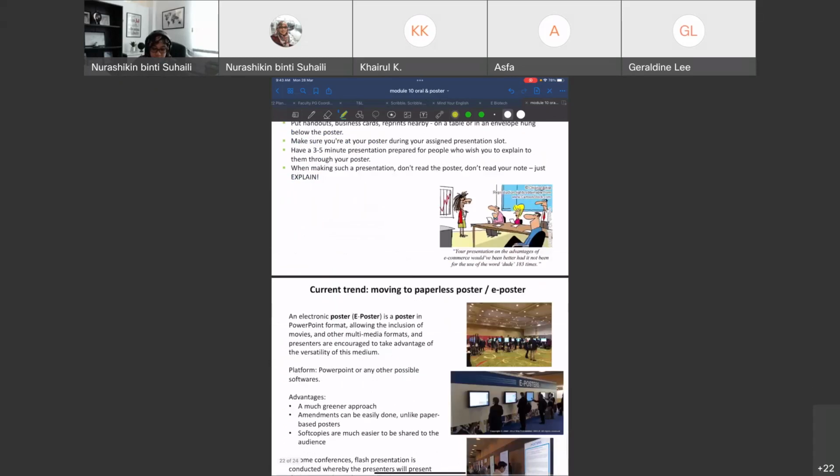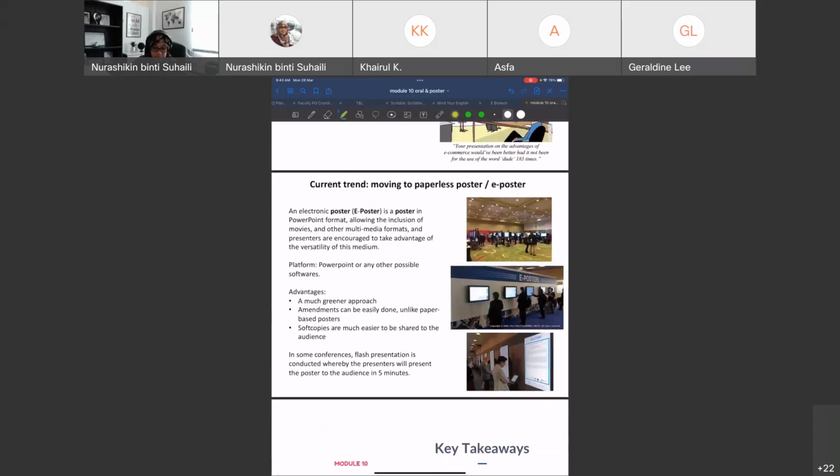The current trend is moving towards the paperless poster or e-poster, the electronic poster. We don't print anymore these days. Sometimes at a physical conference, we have a screen where we display the digital poster instead of printing it, which I think is very good because it's much greener and doesn't waste paper.